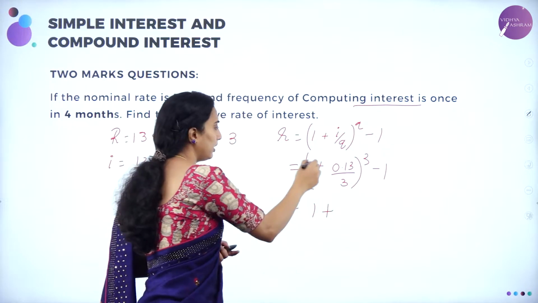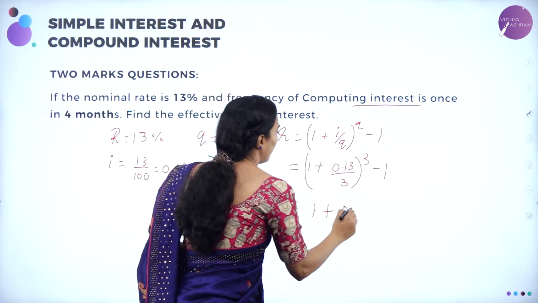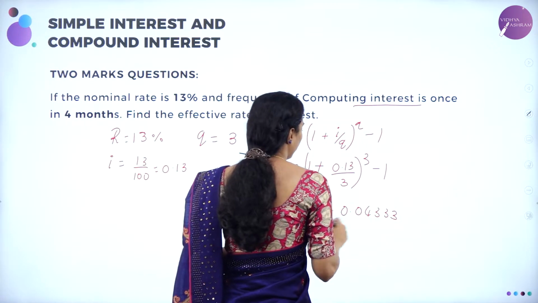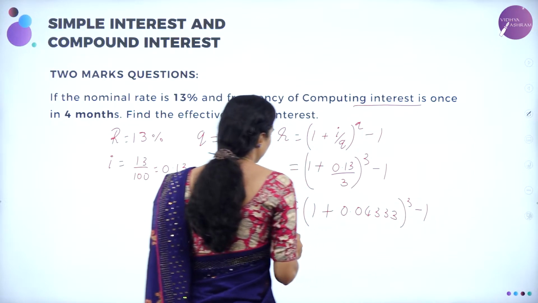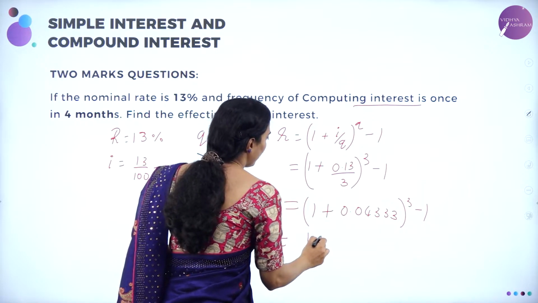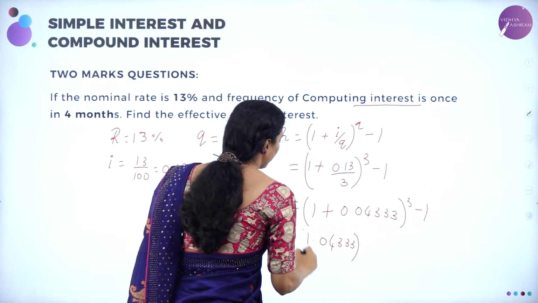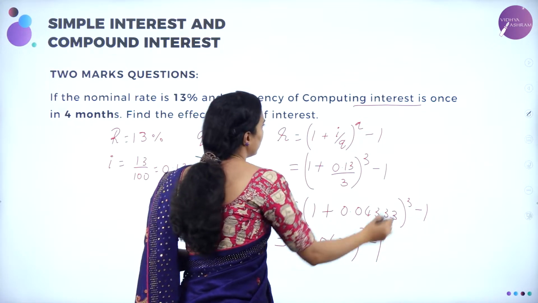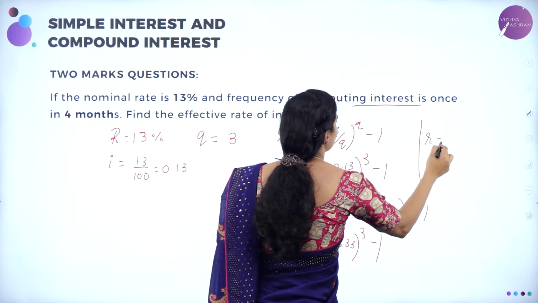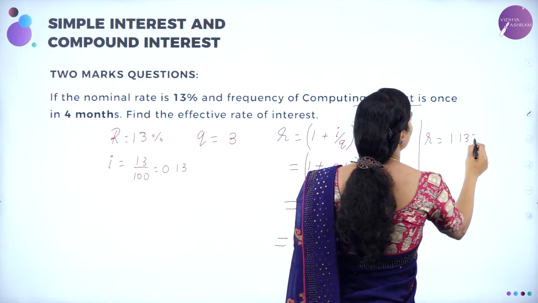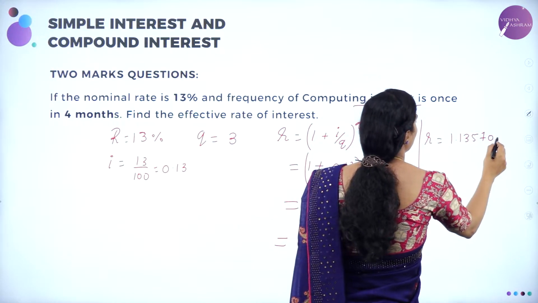1 plus, let me calculate this, 0.04333 to the power of 3 minus 1, which is equal to 1.04333 to the power of 3 minus 1. Therefore, R is equal to, let me calculate this, 1.13570 minus 1.